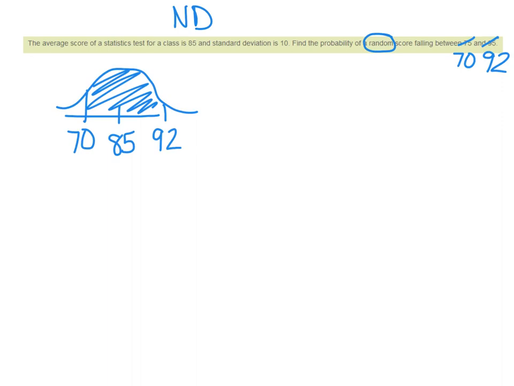We actually have to do the same thing we've done in the last two examples, but now we have to do it twice. The first thing we're going to do is find a z-score for 70 and 92. We'll start with the 92. 92, take away my mean of 85, divide by my standard deviation of 10, is going to be 0.7.